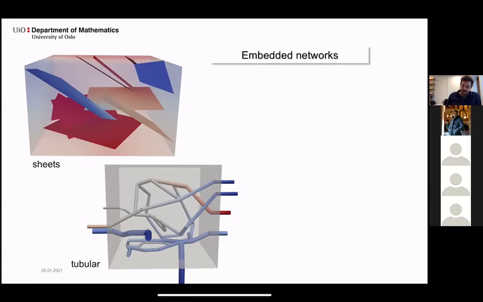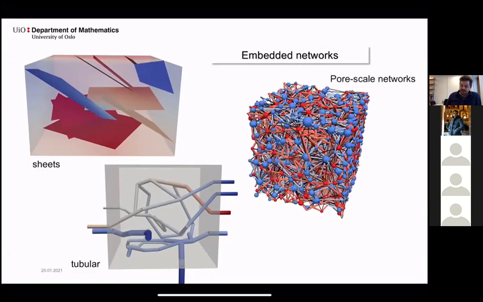And there's also, if you start from the tubular domain and you look at some network which is closer to the pore scale, so you go all the way down, then there's these pore network type of models where you look at the actual pore space as a network.